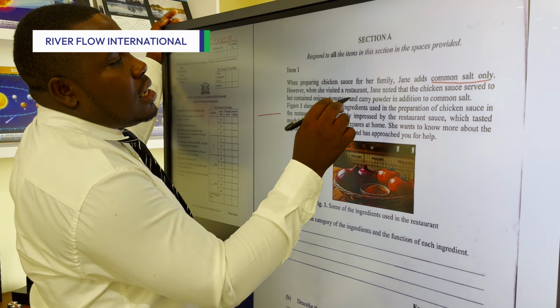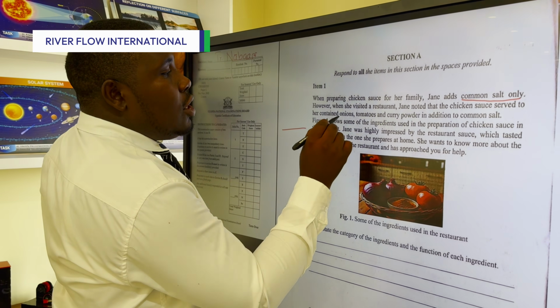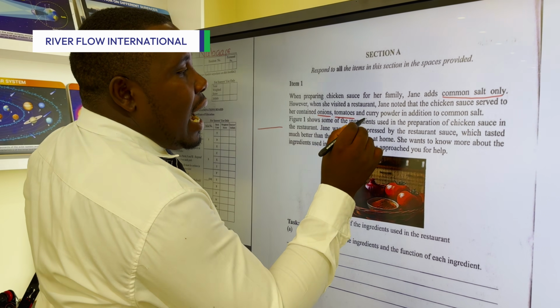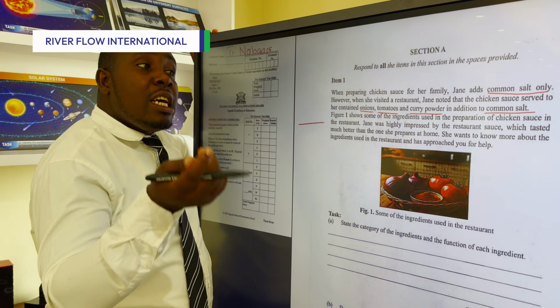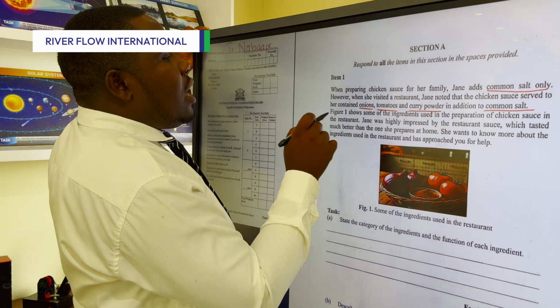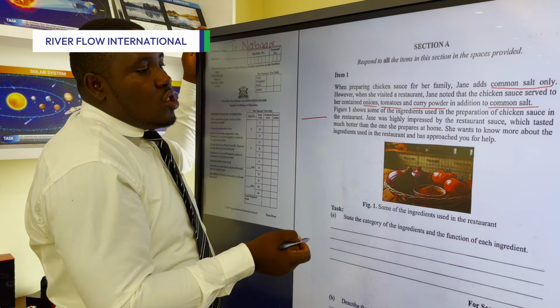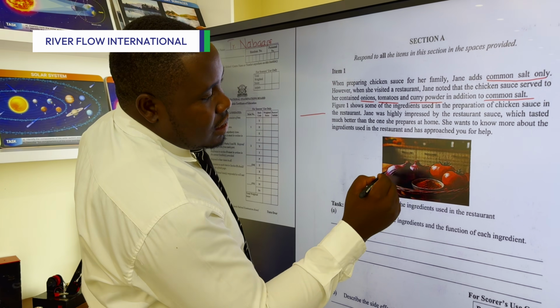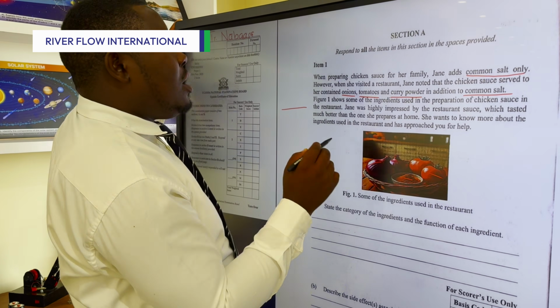However, when she visited a restaurant, Jane noted that chicken sauce served to her contained onions, tomatoes, and curry powder, in addition to common salt, which she was using in her own sauce only. Figure 1 shows some of the ingredients used in the preparation of chicken sauce in the restaurant. You can see onions, some curry powder, and some tomatoes.